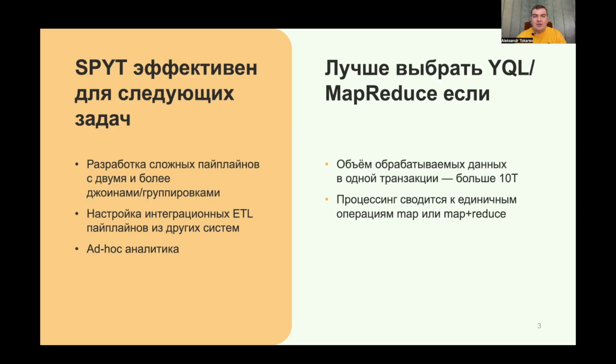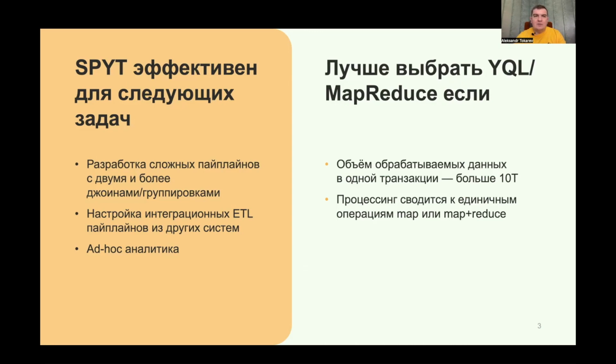Spark is also efficient for building integration ETL pipelines from other systems. This is because there are many connectors for various data storage systems, both relational and non-relational, that work with Spark. You can use them as a data source, create an information process, and write the result to YTsaurus.